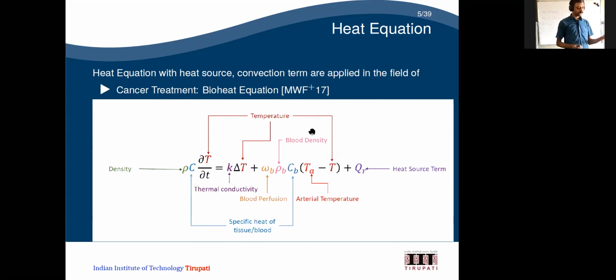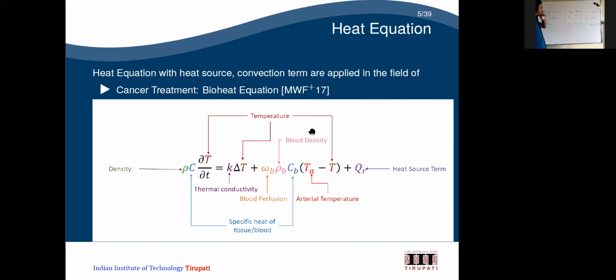If we see, the left hand side is nothing but u_t. Here I mentioned dT/dt, which is nothing but u_t. Then k squared u_x x is something similar. If it is one dimensional with respect to space, it has only one variable, so it is u_xx.